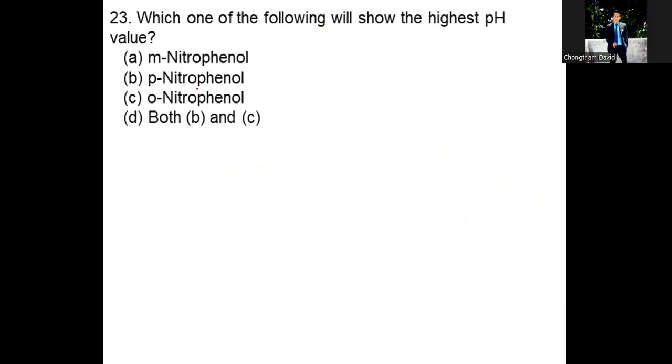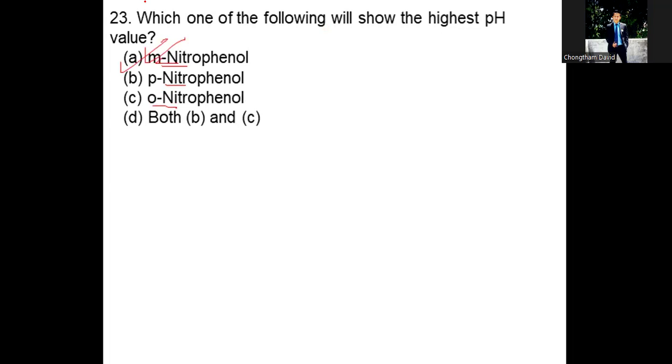While in the case of para and ortho-nitrophenol, both will have minus R and minus I effect. They are operational in options B and C. So you have to answer this meta. Okay, this is based on the operational effect of the nitro group, which is an electron withdrawing group. Meta-nitrophenol will show the highest pH value.